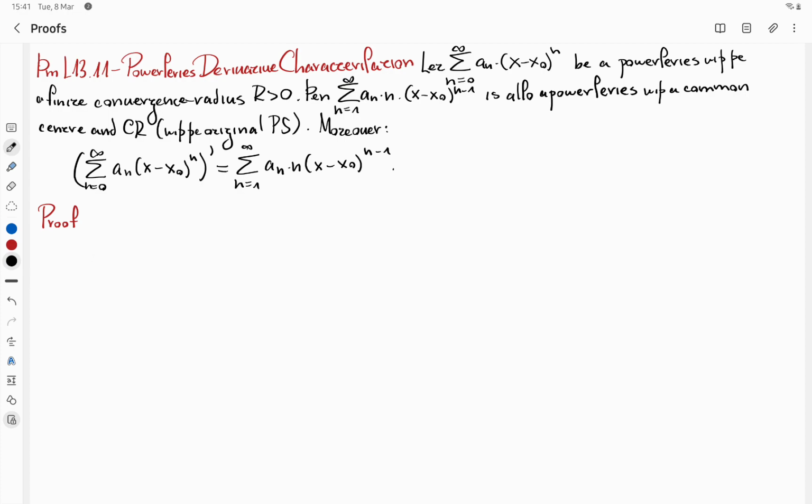Alright, so we know by Theorem 13.9, I think, that r is equal to 1 over the limit superior of the nth root of the absolute value of a_n, which is the convergence radius of the original series.